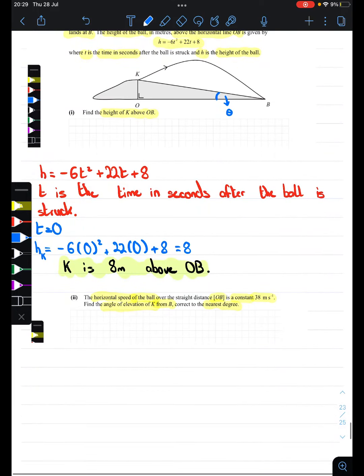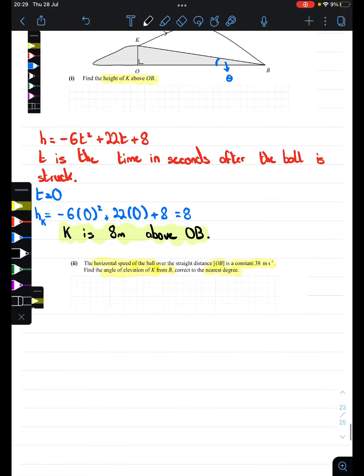So, what do we know? Let's write down what we know. The horizontal speed of the ball is 38 meters per second.